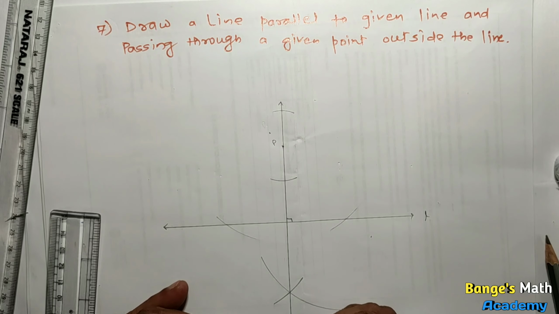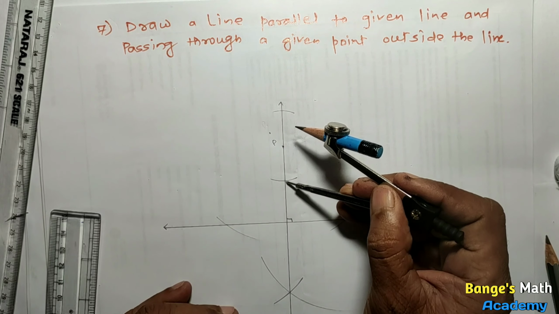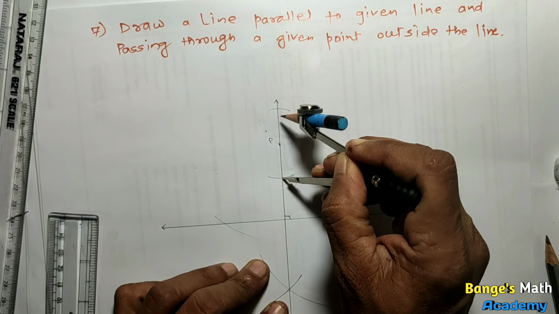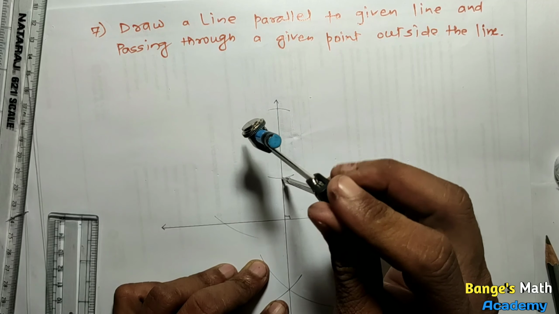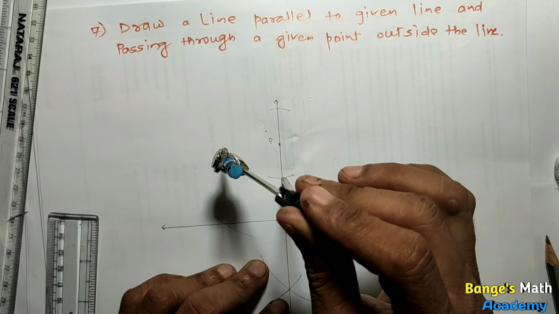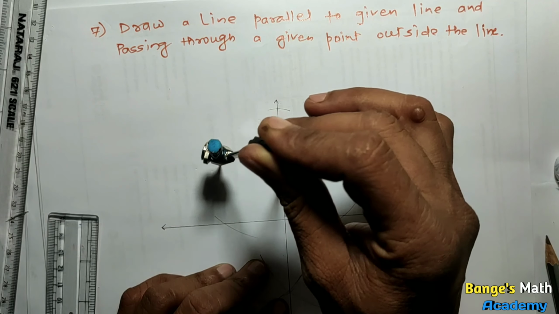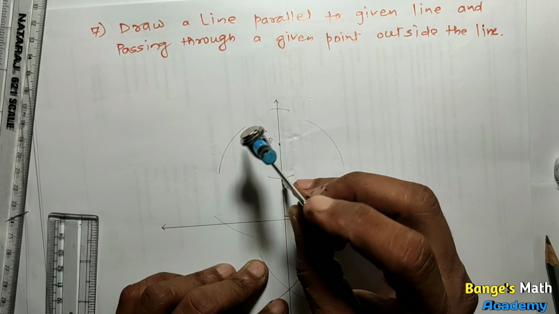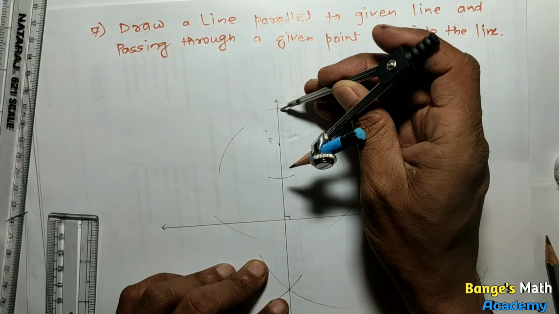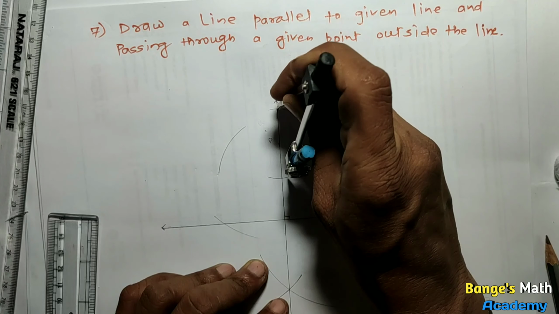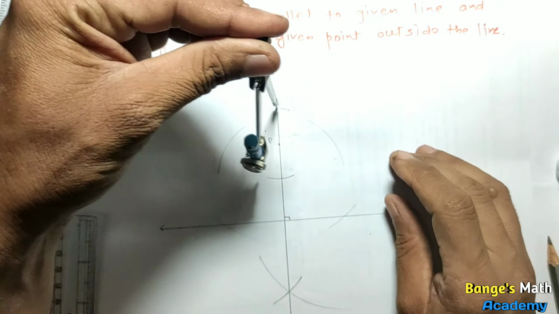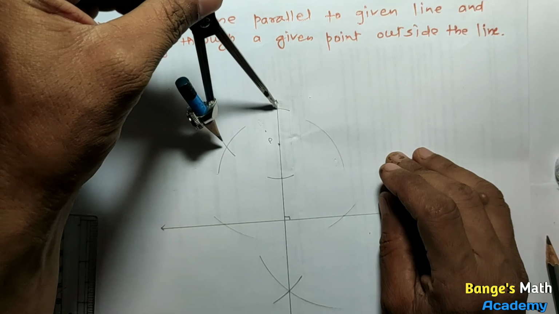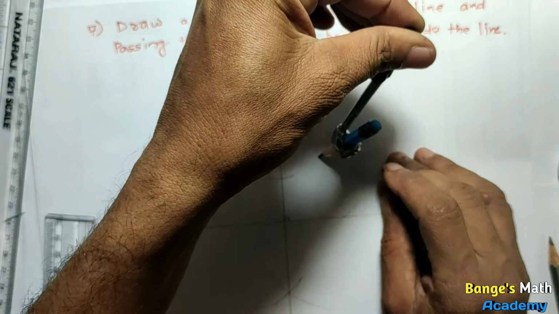Then take distance further apart than half of the distance between these two arcs and put still point on one arc and draw arcs to the left and to the right side. Keeping the distance same, put still point on another point of intersection of arc and line and draw an intersecting arc to the previous arc.